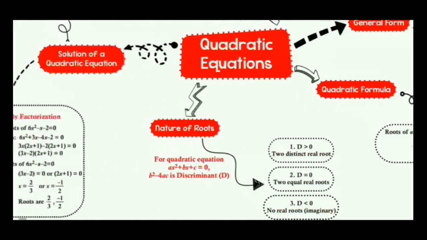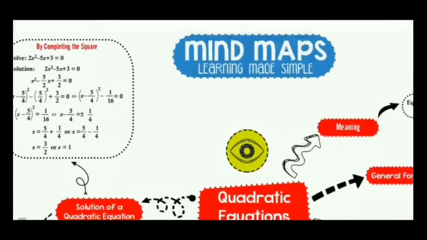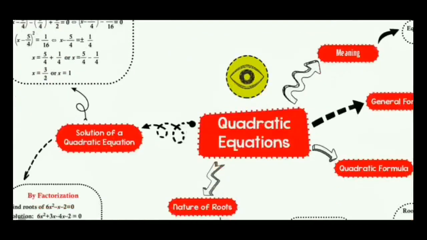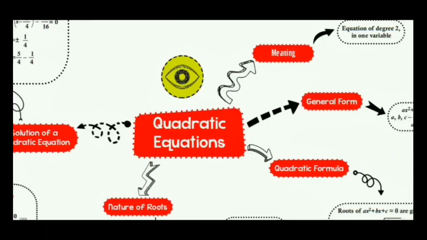And the third method is completing the square, but this method is not now in our syllabus and we will not discuss it. We will use only two methods. First is factorization and another is the quadratic formula.